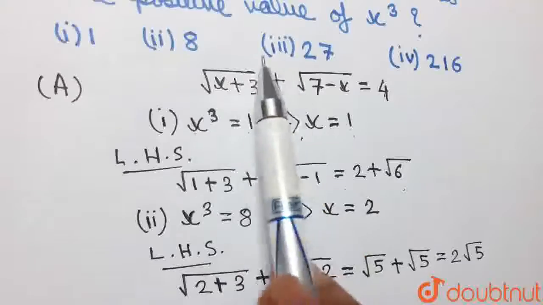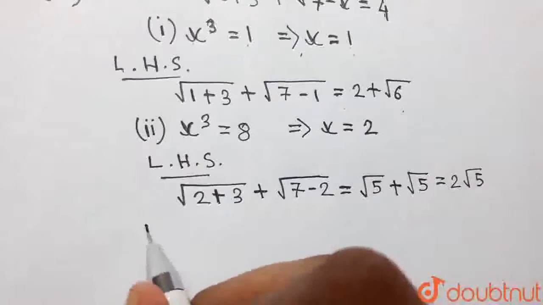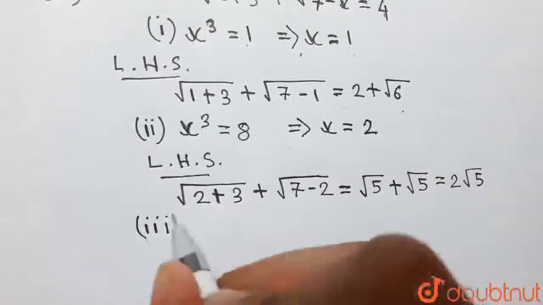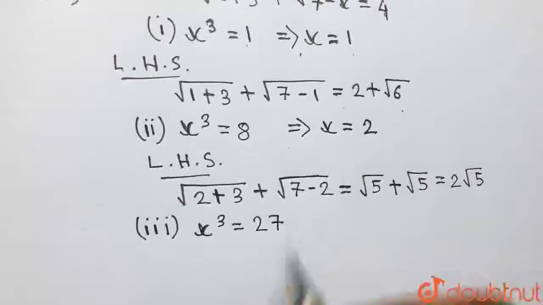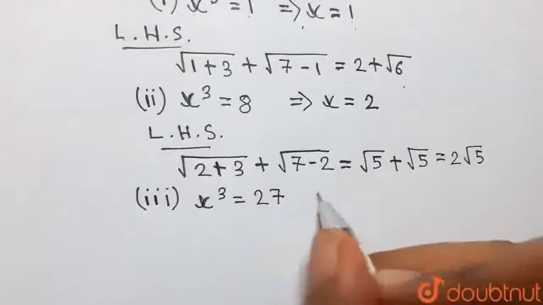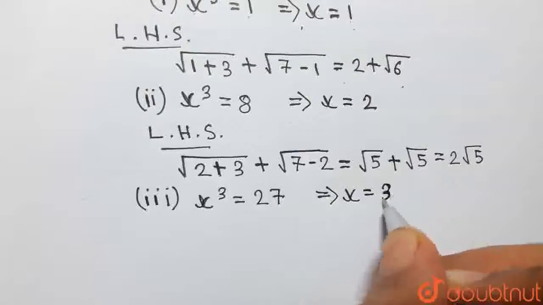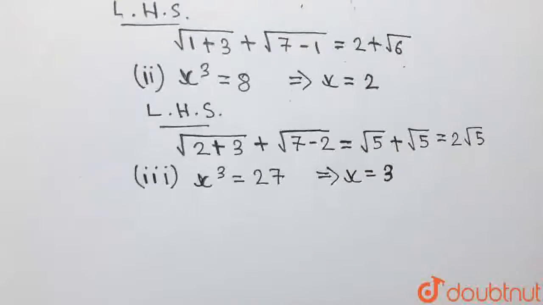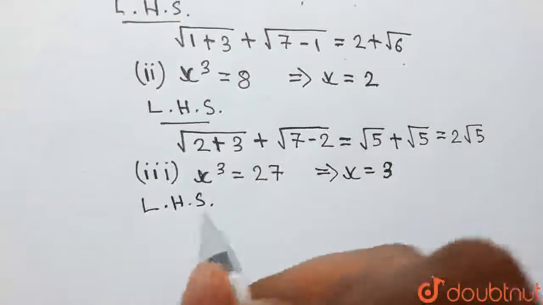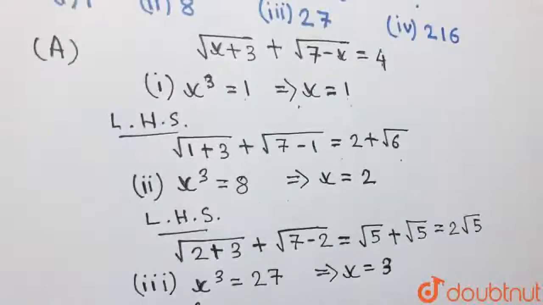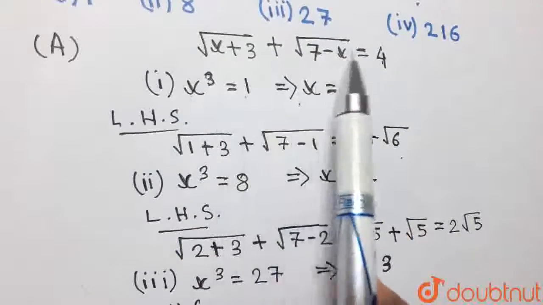Moving on to option number 3, according to which x cube should be 27. If option 3 is correct, then taking cube root on both sides of the equation, the value of x will come out to be equal to 3, because cube root of 27 is 3. Substituting x equal to 3 in the left hand side of the equation, we will have root over 3 plus 3 plus root over 7 minus 3.